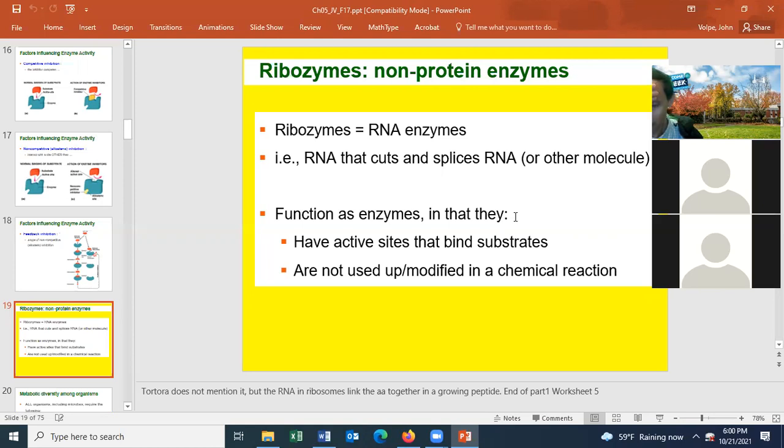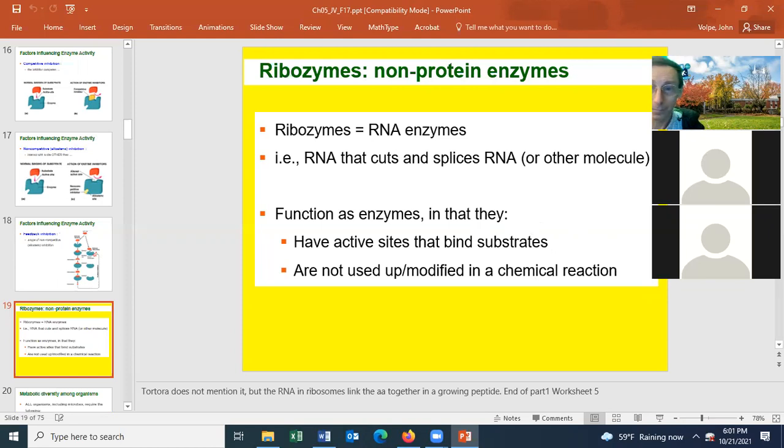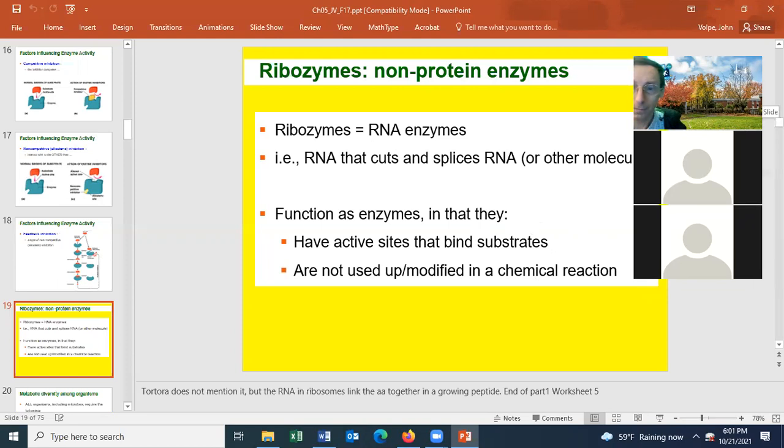And the portion of the ribosome that does that is an RNA portion of the ribosome. So this is the only enzyme that we will discuss, which is a ribozyme, meaning an RNA enzyme. Any question about any of that? All right. Let's move on.